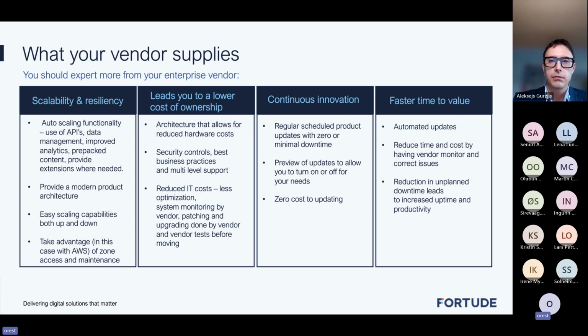So the last thing that's important from a faster time to value is that the system itself will reduce downtime and lead to increased uptime and productivity. You don't have to worry about this because on the global scenario, other servers across the globe are supporting the day-to-day flow. So you are always up and running depending on the situations themselves.